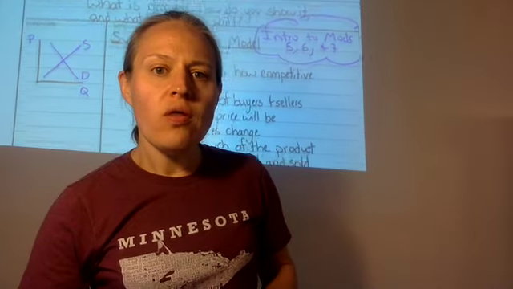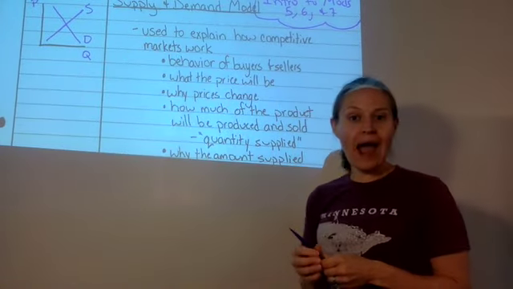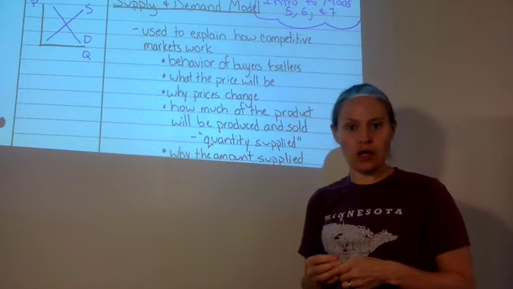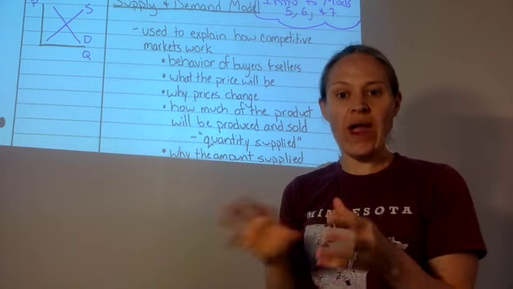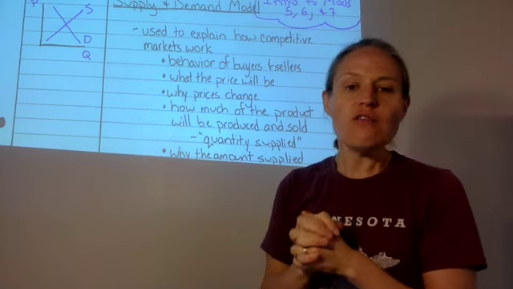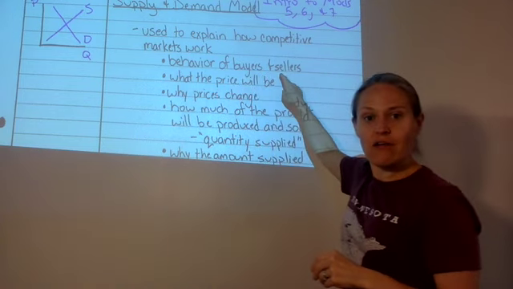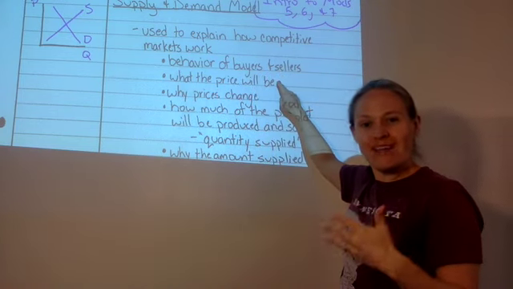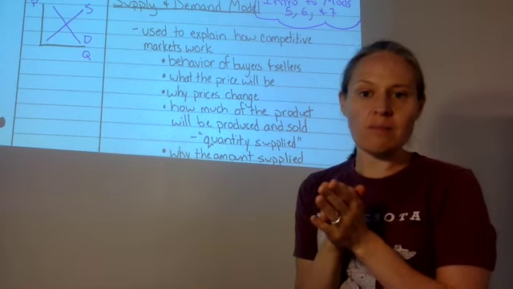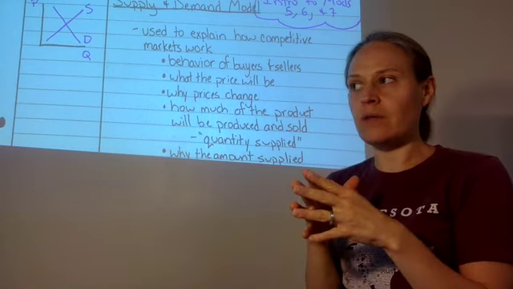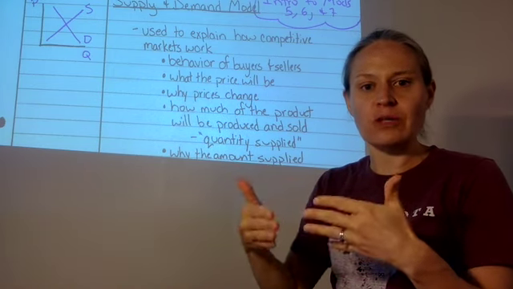This whole model is used to explain how competitive markets work, meaning markets where things are bought and sold. It'll explain to us the behavior of buyers and sellers. It'll explain what the price will be, and when I say the price, I mean the price of some particular product, some sort of good or service, something that's being sold.